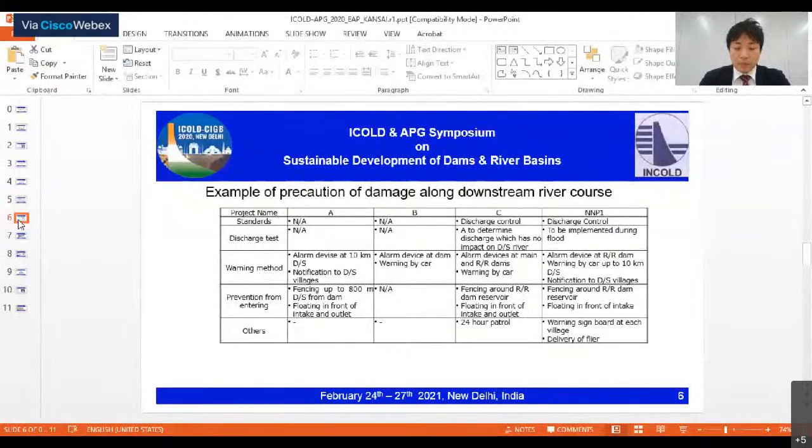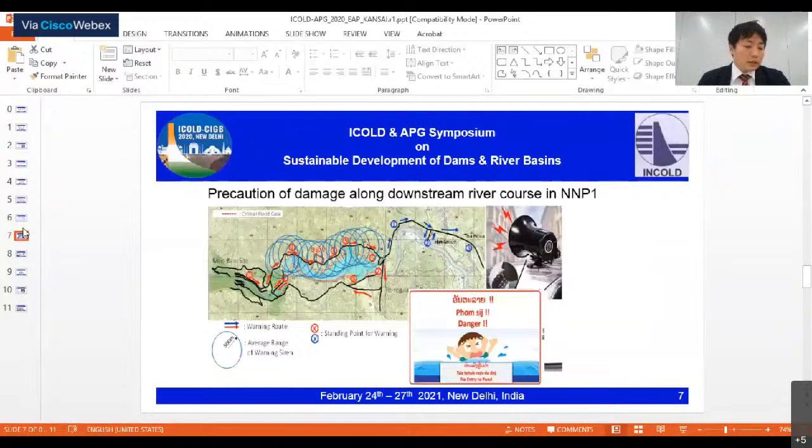NNP1 conducts the precautions of damage along the downriver course carefully, based on the examples of other projects. The warning is conducted using the speaker on a car before the discharging. The warning is conducted from the dam site to the downstream village. In addition, a signboard was installed at the downstream of the dam.